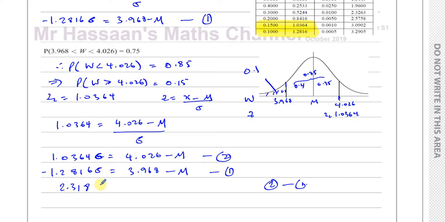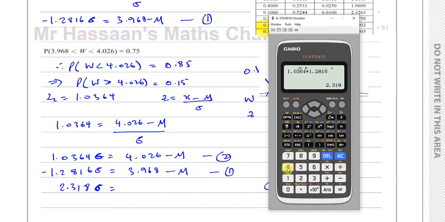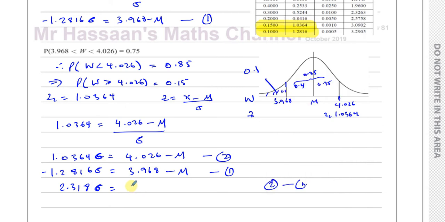So 2.318 times the standard deviation, sigma, is equal to, and then these have to be subtracted, 4.026 minus 3.968. Make sure I don't make a mistake with typing them in. That gives you 0.058, and when you subtract them, the mean terms become 0.